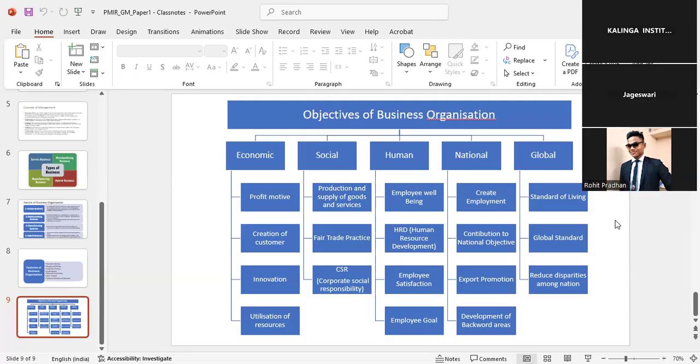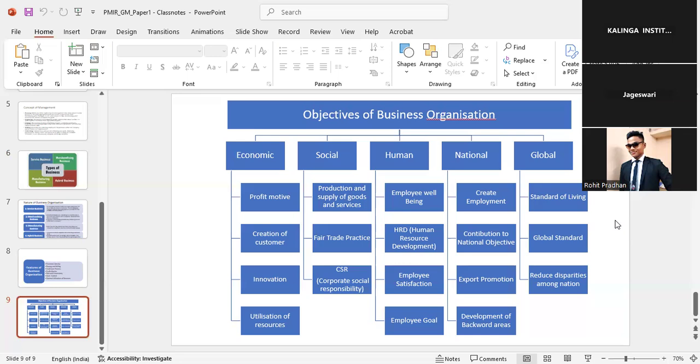Standard of living means the way people live their day-to-day life is going to improve in the way of their education, of their health, of their food and day-to-day activities.